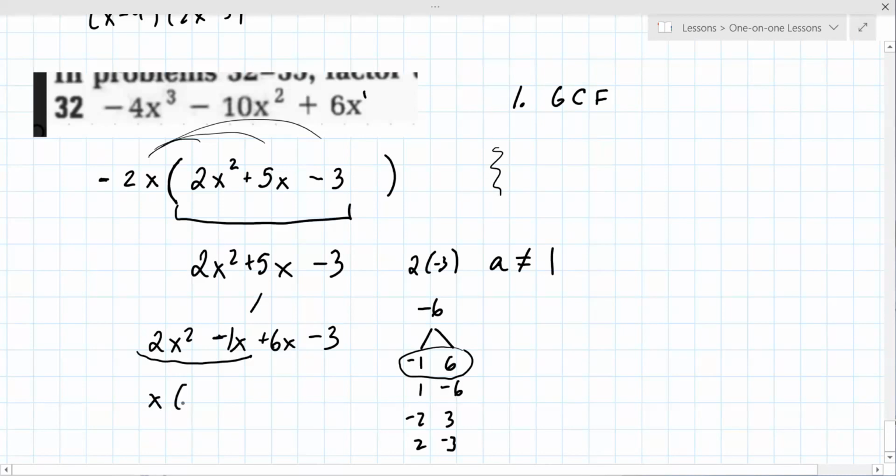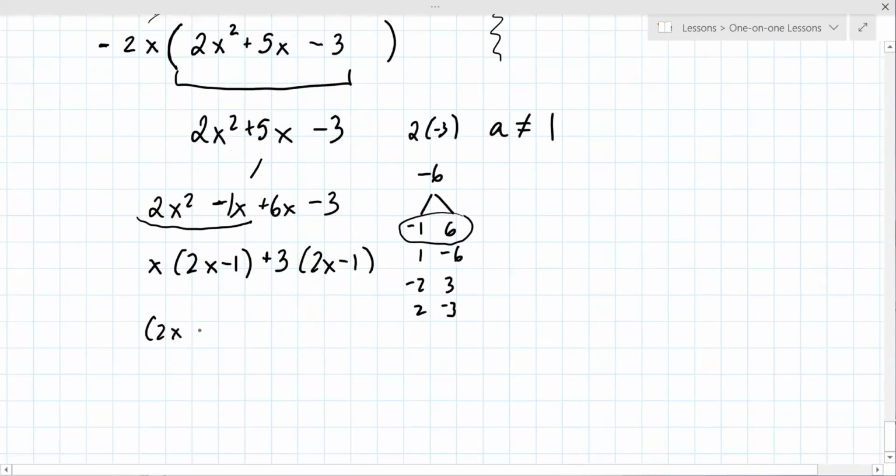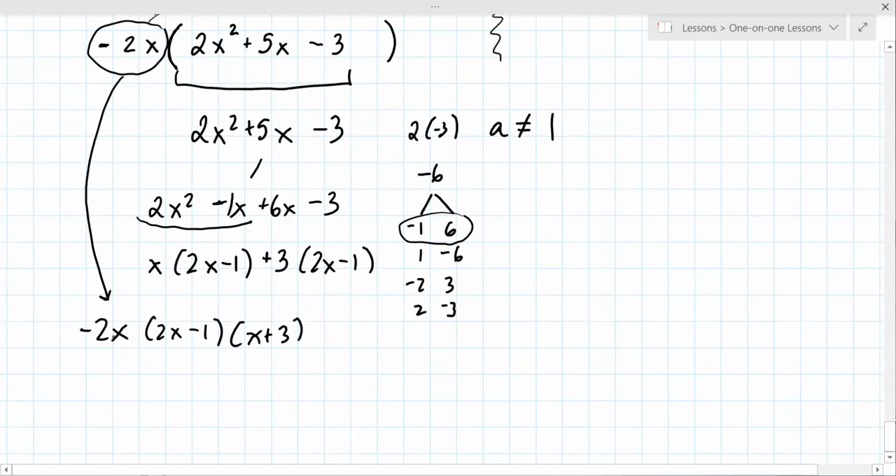Okay, agreed. 2x minus 1. And you immediately write that over here. What goes on the outside so that you can multiply in and get 6x minus 3? Plus 3. So this becomes 2x minus 1, x plus 3. But wait, this minus 2x has to come down here. So it becomes minus 2x on the outside.